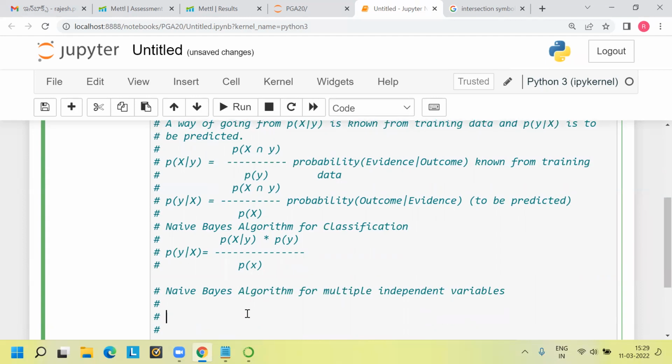is probability of y is equal to k, where k means the levels in your dependent variable, given x1, x2, x3 till xn.